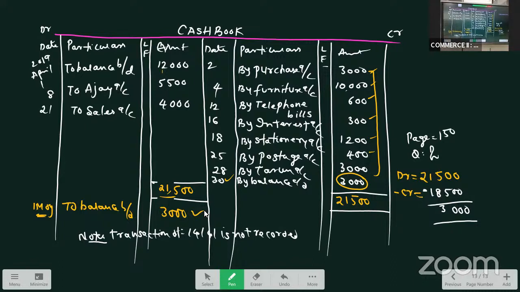So we are done with simple column cash book. We did it as a practice. We did it as a drill to go to our main topic, that is 3-column cash book.